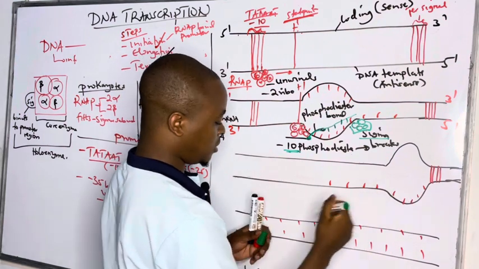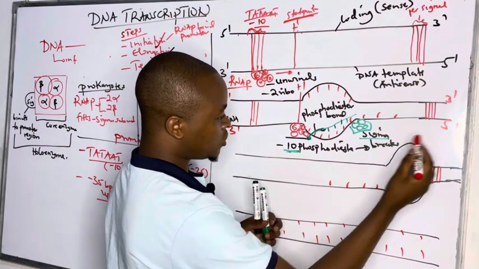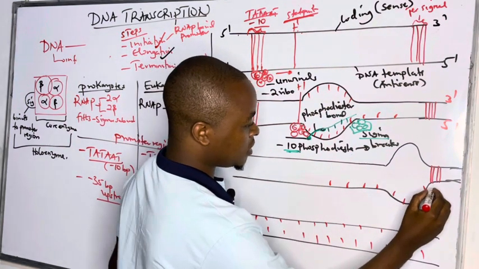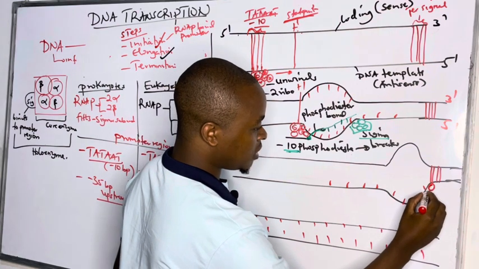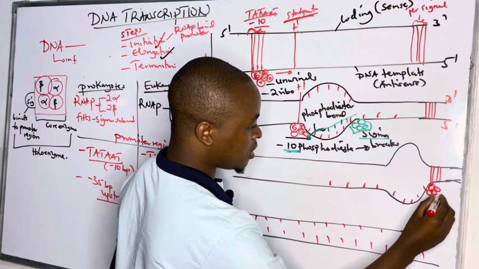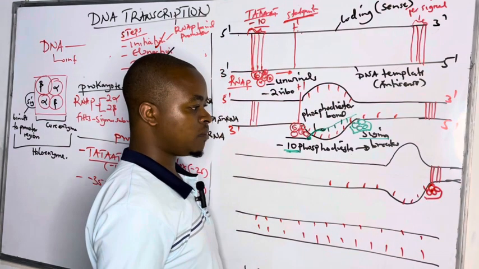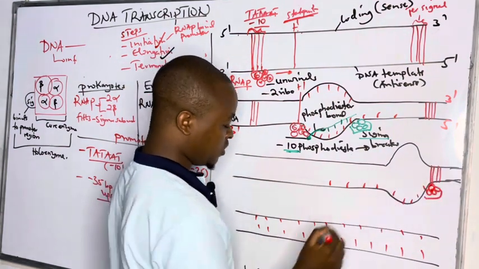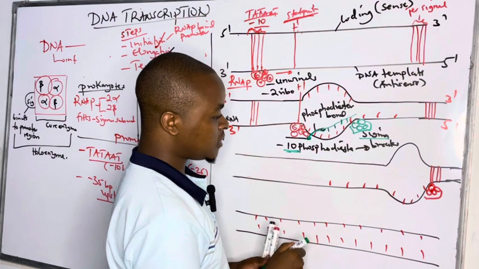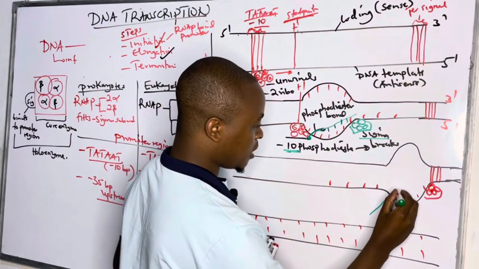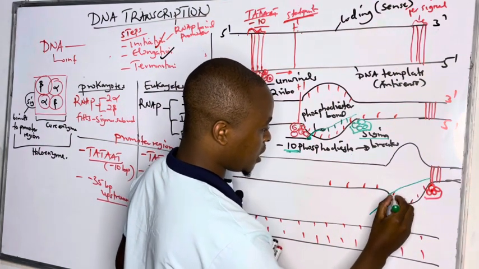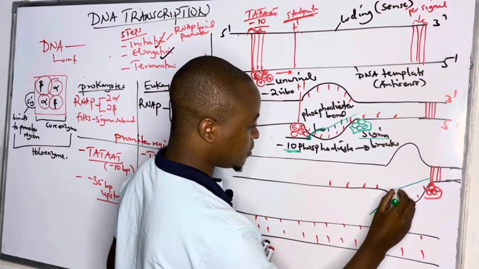So the core subunit continues to move along the template strand. We are having the core enzyme without the sigma, and it continues moving, synthesizing our RNA, adding complementary base pairs.